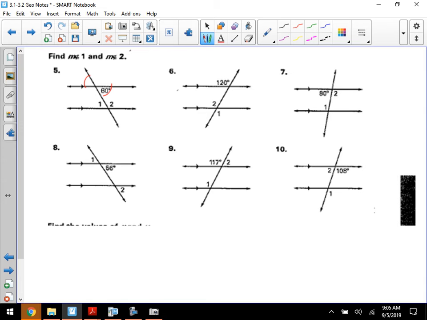As soon as I do that, I'm now on the inside of my parallel lines. When you're on the inside of your parallel lines, you're going to look at your alternate interior. So I go opposite side on the inside. I switch across and put another tick mark. And then the last vertical. That means every one of those singular tick marks has to measure how much? 60.